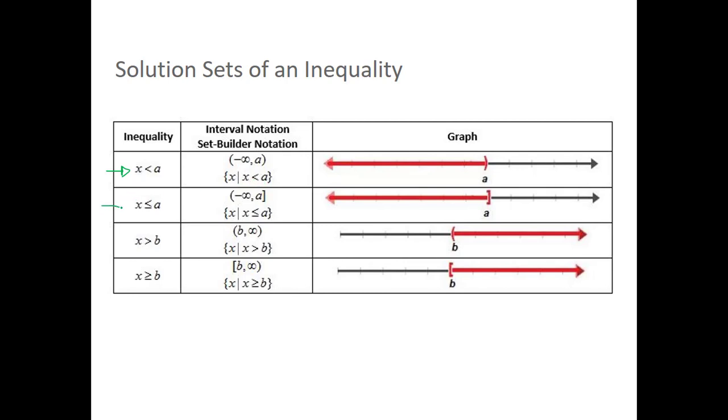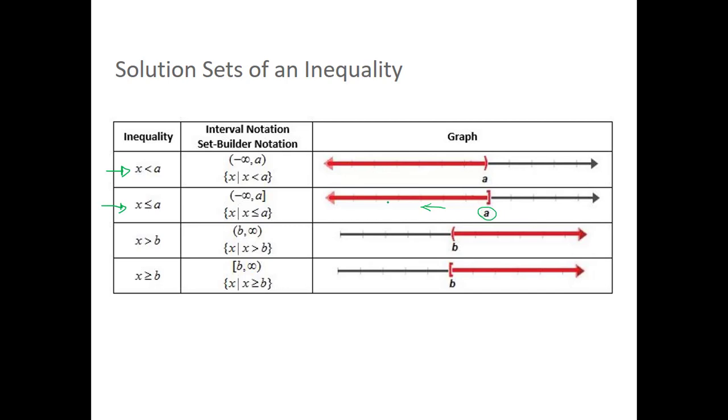The next inequality is x ≤ a. Solutions of this inequality are all numbers less than a, but also including a. The graph of the solution set consists of all numbers to the left of a and including a.